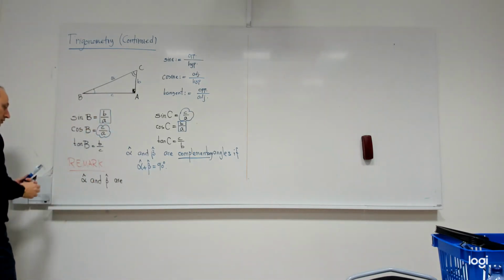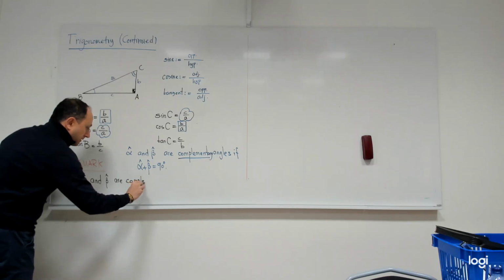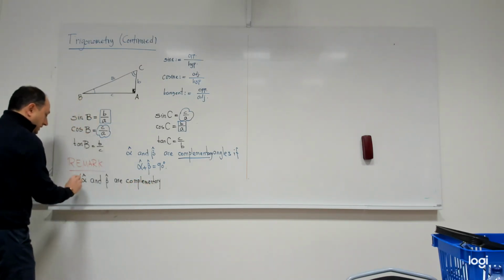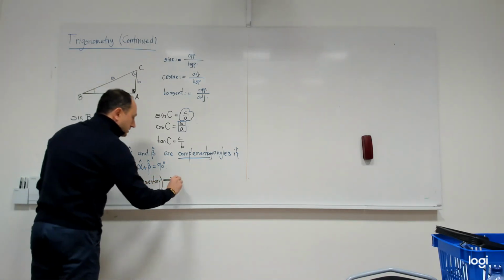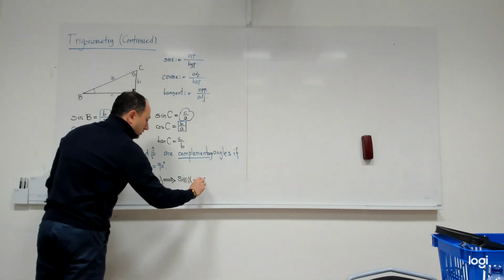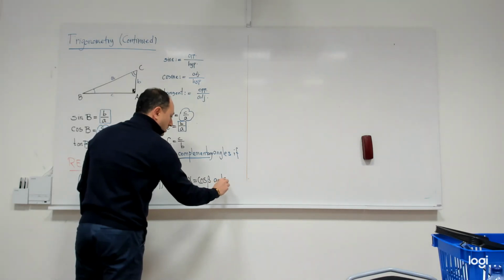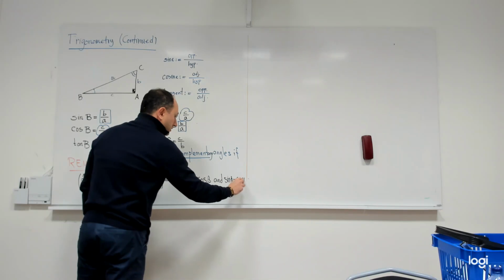If alpha and beta are complementary, then from this statement you can conclude that sine of alpha is equal to cosine of beta, and sine of beta is equal to the cosine of alpha.